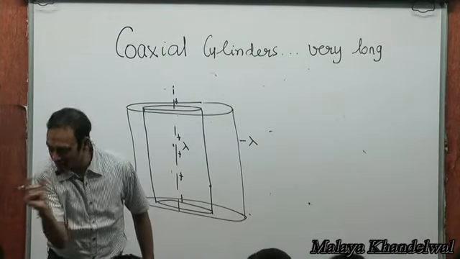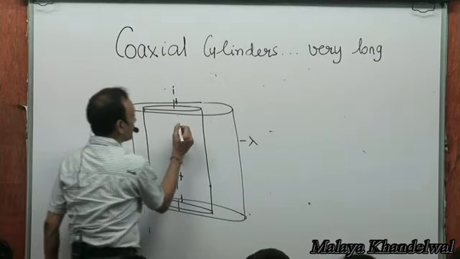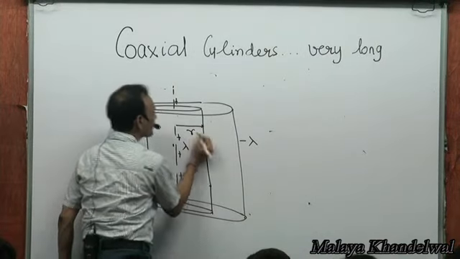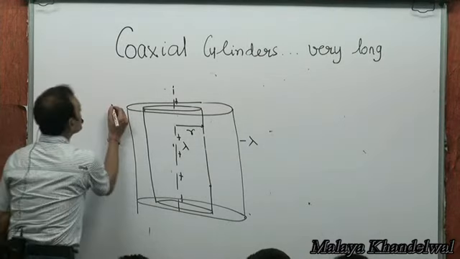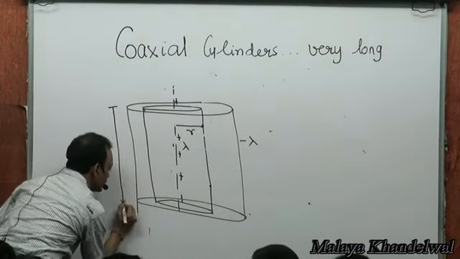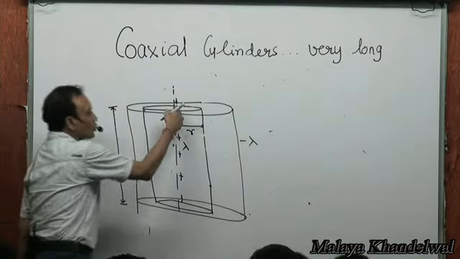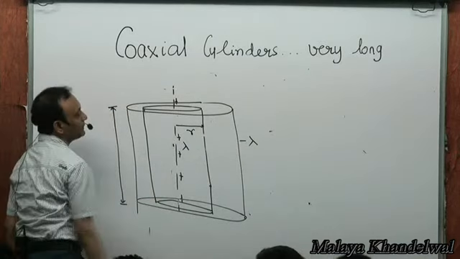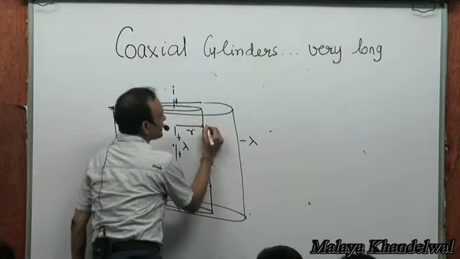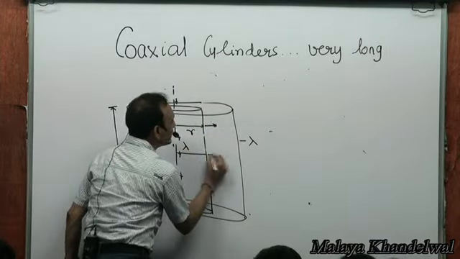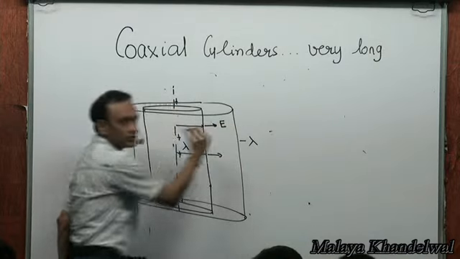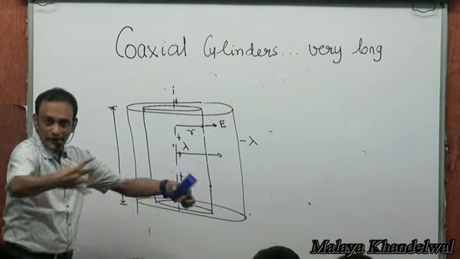That means it will be in the intervening region. Say this is 1 unit length of this cylinder, so the total charge here would be λ. From symmetry considerations, the electric field at every point of the curved surface would be radially outwards and uniform.